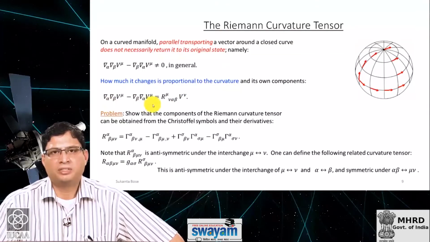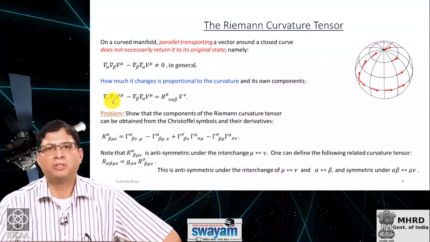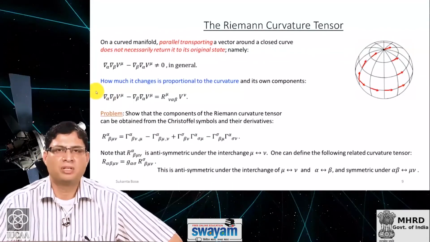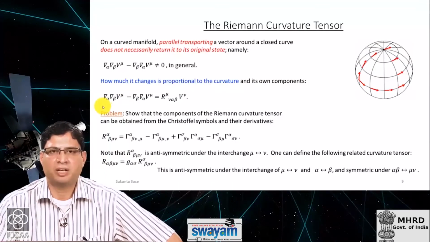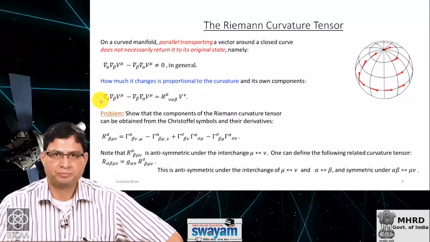Now, this definition tells you automatically that another way to write it is you act on a vector's components with two of these covariant derivatives, but then you antisymmetrize over these two derivatives, so basically the alpha and beta indices. Now, antisymmetrization, the way we introduced it in the first lecture, also involves a factor of half. So you have to take care of that, but that's just a definition.